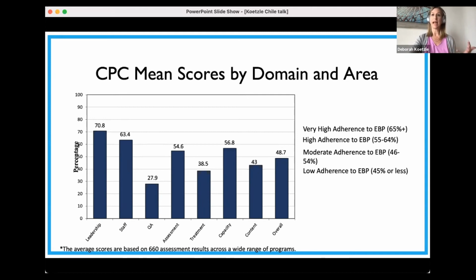QA has been sort of an afterthought, and you see that reflected here. And in terms of treatment, I think this really just speaks to the challenges of implementing behaviorally based programs and implementing them well and being able to match. So we know that it's difficult and an area where we need to work with programs much more.